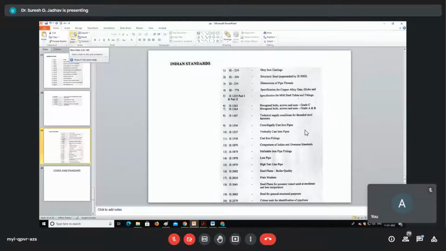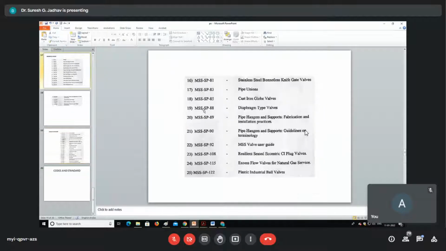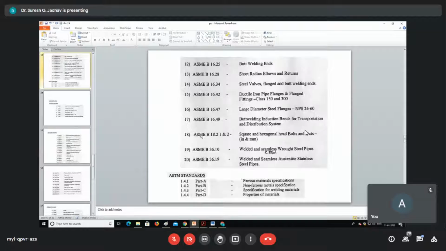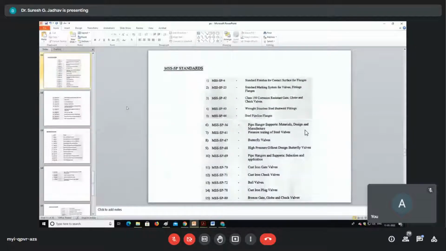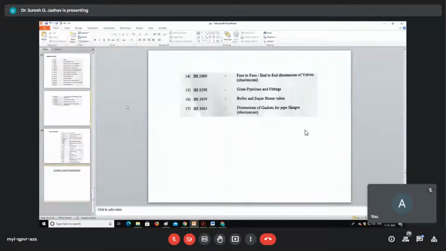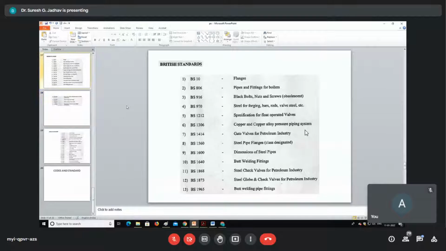Hence ANSI standards, ASME B31.3 and ASME B31.1 for power piping, are widely used for the design in India.